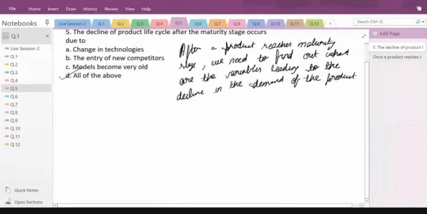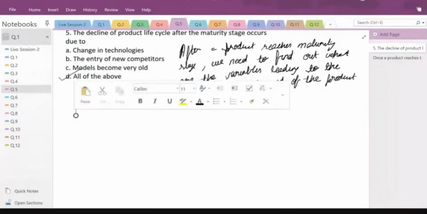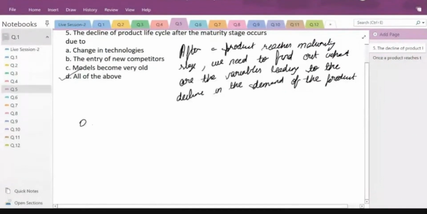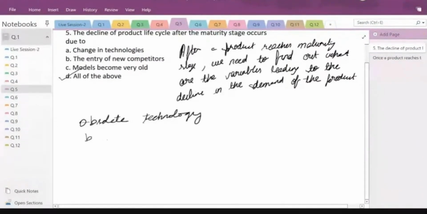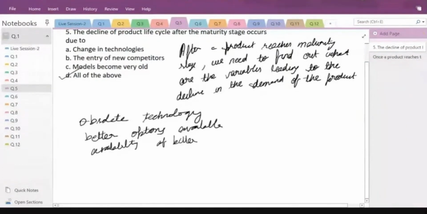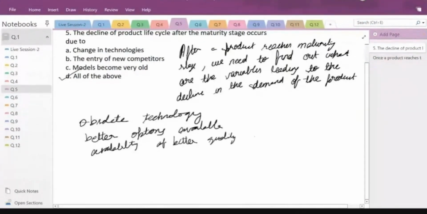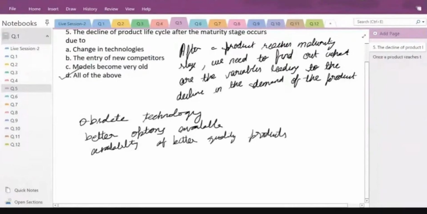The reasons may be obsolete technology, which means technology which has become old, better and cheaper options available, availability of better quality products, and also increase of competition in the market. That is already written in the option.